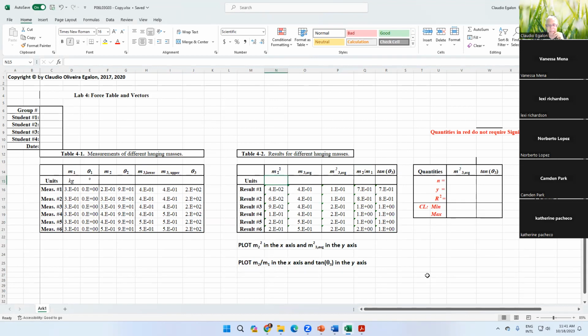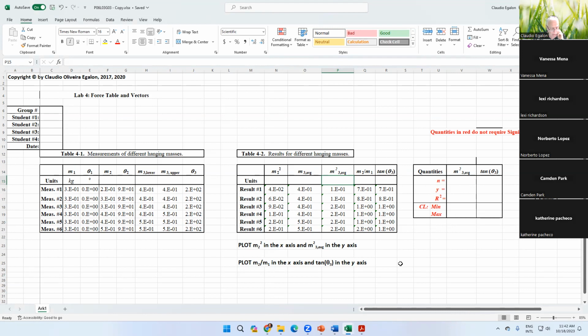Okay, so do I need to type kilogram square? For the slope, well, what's kilogram square divided by kilogram square? Write that down with pen and paper.